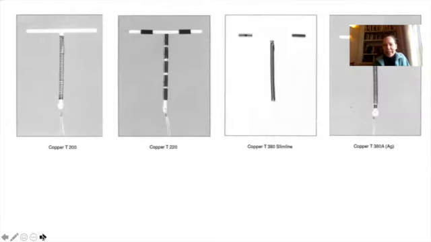The A in the T380A is because there is some silver in the core of the T380A, and that was found to prevent fragmentation of the copper and allow the lifespan of the total IUD to last longer and perform longer than the earlier IUDs.